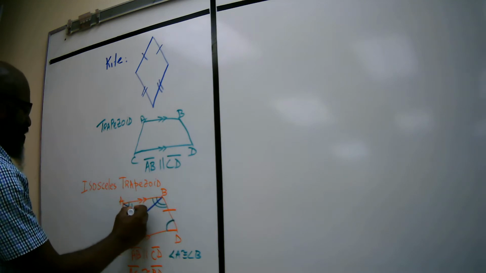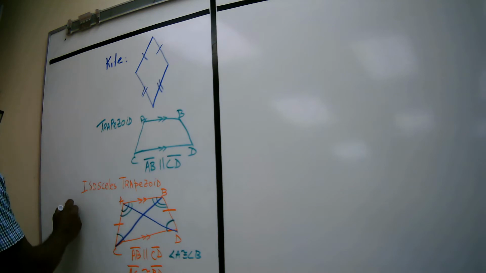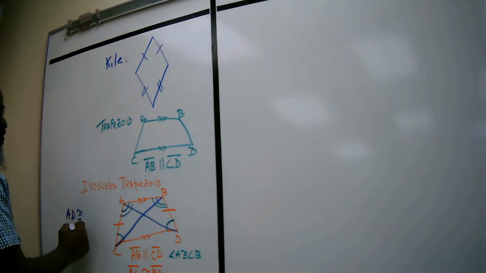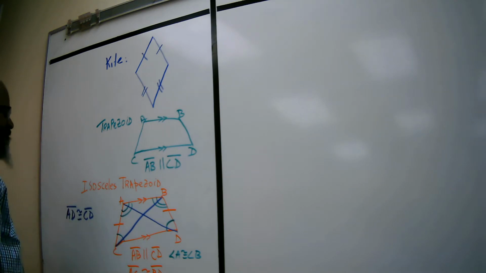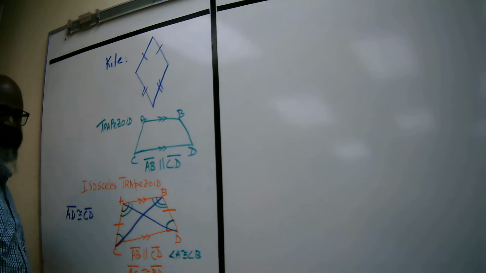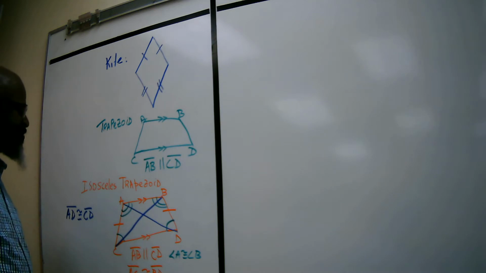Diagonals are congruent, meaning that AD will be congruent to CB. Those are called diagonals. Diagonals are congruent in an isosceles trapezoid. So let's recap for the isosceles trapezoid. Bases are parallel, as always.